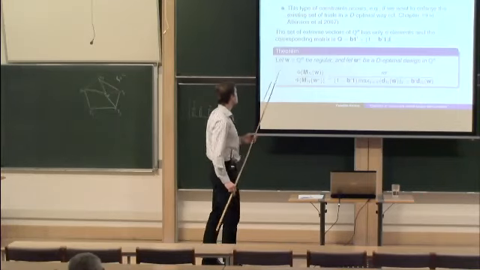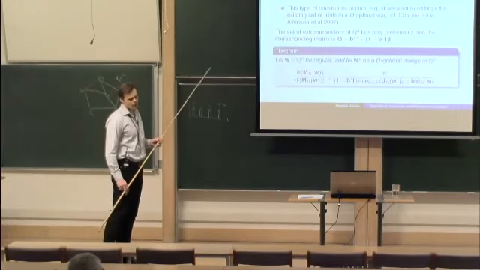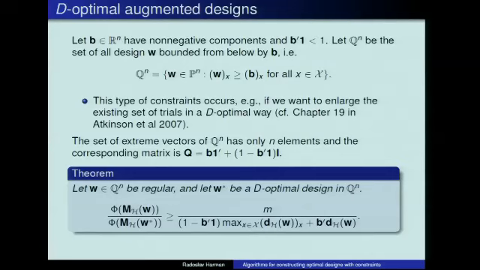This is related to the problem of design augmentation, which is treated at length in chapter 19 in the book of Professor Atkinson. In this case, the set of all extreme points is very simple.